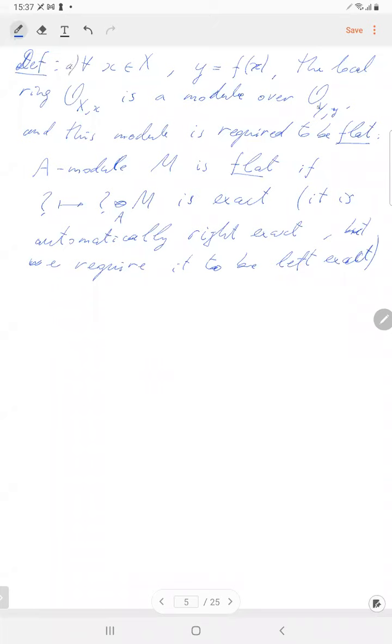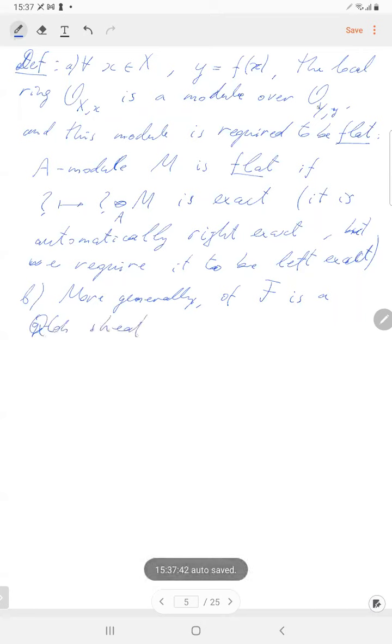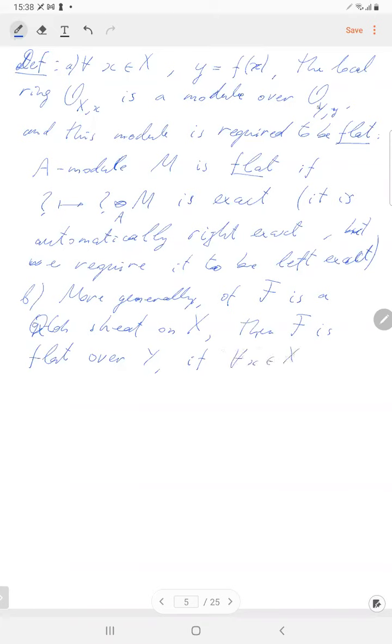This was part A, and part B, more generally: if F is a quasi-coherent sheaf on X, then it is flat over Y if any stalk F_x is a flat O_Y-module.